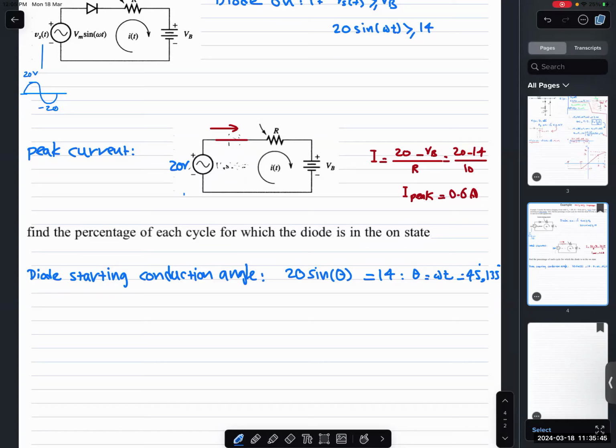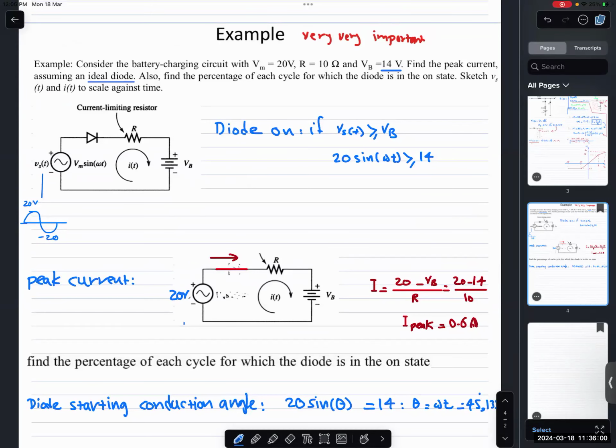It's the same thing anyway. Now, the diode is on for how long? The question says find the percent of each cycle for which the diode is on.